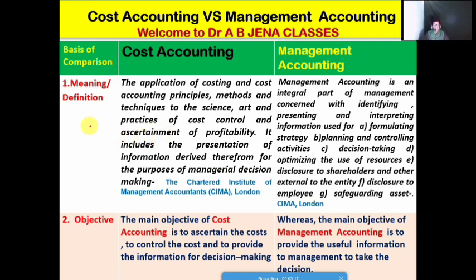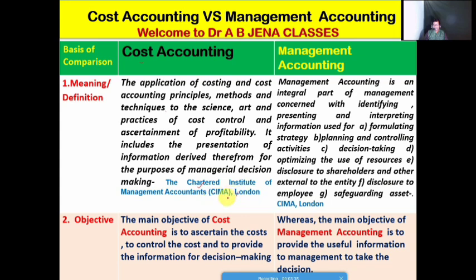The first basis of comparison is the meaning or definition. What is the meaning or definition of cost accounting, as well as of management accounting? It is the popular definition given by CIMA, the Chartered Institute of Management Accountants, London.